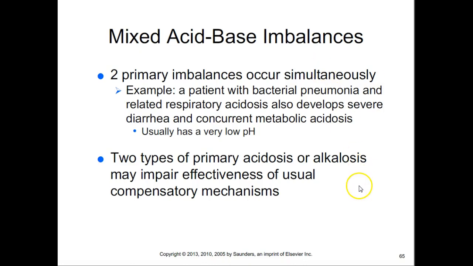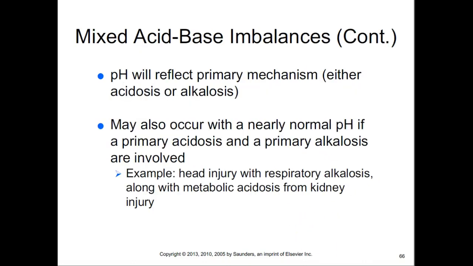Two types of primary acidosis or alkalosis may impair the effectiveness of our usual compensatory mechanisms. So pH will reflect the primary mechanism, either alkalosis or acidosis. And you might also see it occur with nearly normal pH if you have opposing primary acidosis and primary alkalosis involved, like in a head injury with respiratory alkalosis, along with metabolic acidosis from a kidney injury.